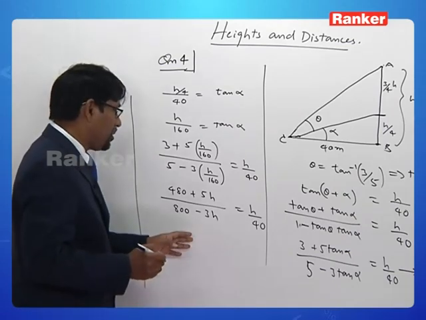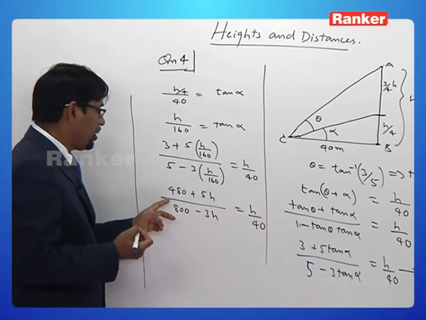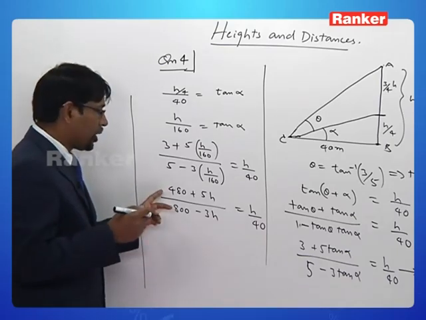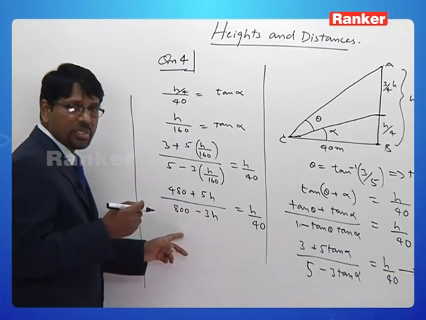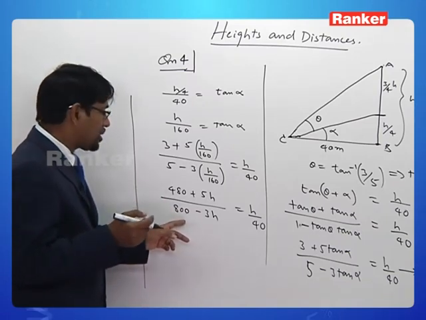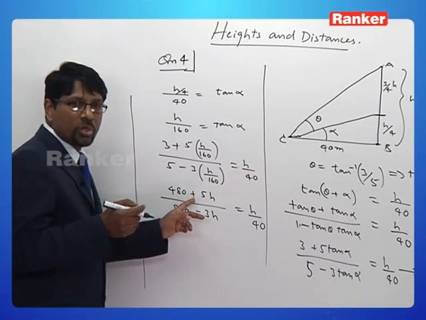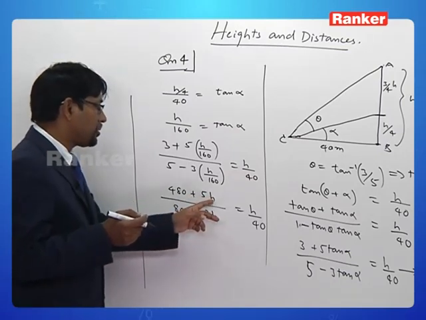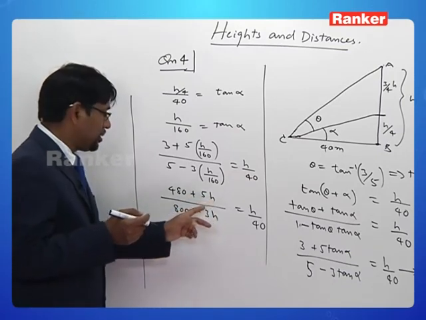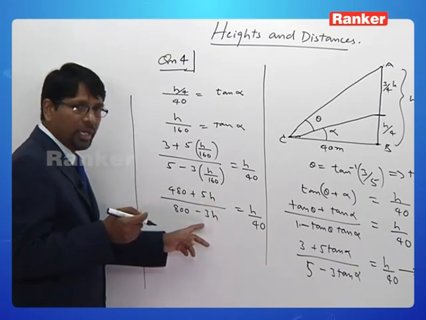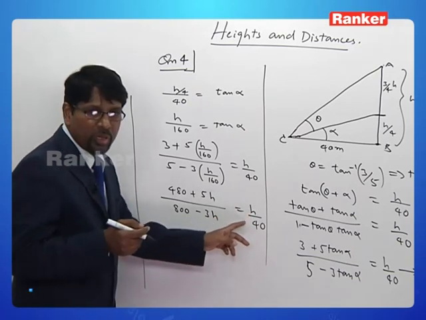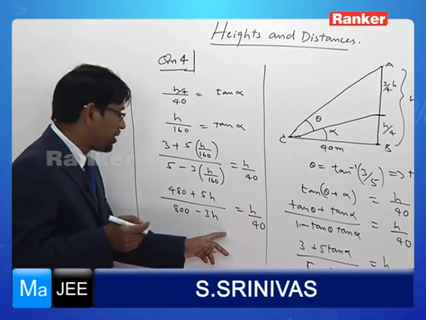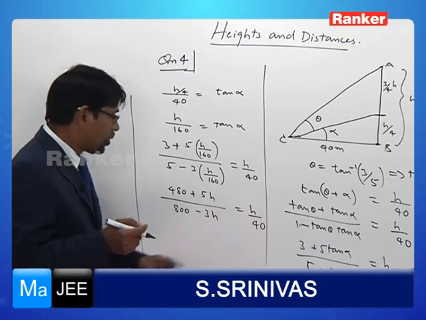Okay, we can actually substitute and see from the options now. Instead of solving for h, we can substitute from the options. If I put the first option, 480 plus 100, 580 divided by 800 minus 60, that will not be equal to 20 by 40. So that won't be the option here.